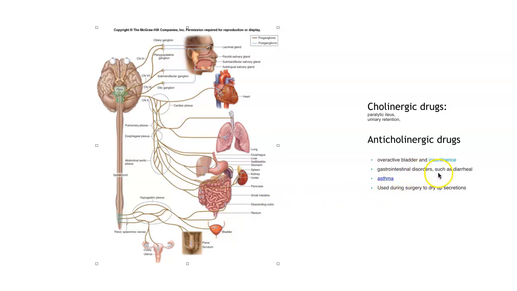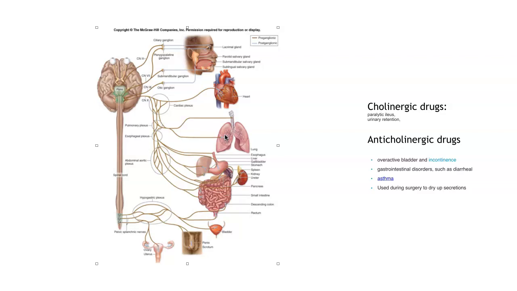If you have diarrhea, if all this movement in your intestines is too much, give them an anticholinergic. It's going to stop the movement of the intestines. If you have asthma, you give them an anticholinergic. What does acetylcholine normally do on the lungs? It normally is a bronchoconstrictor.